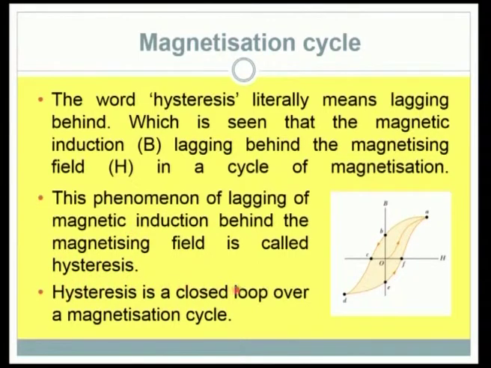Hysteresis is a closed loop over a magnetization cycle. Look at this diagram. It is a closed cycle. Only the starting point is from the origin, otherwise it covers an area, it is a closed path.